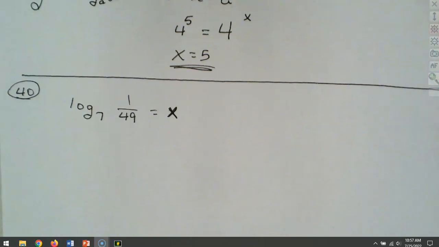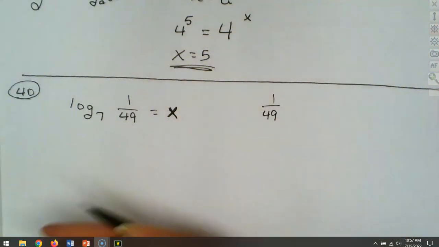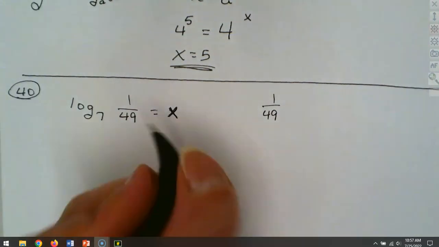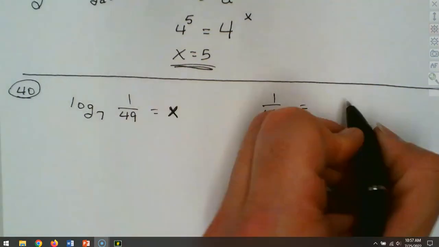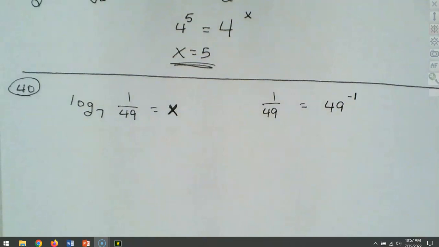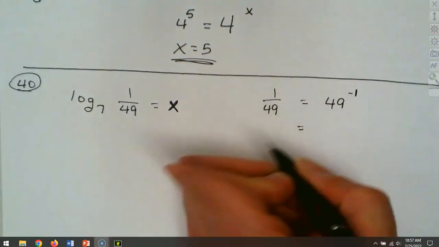Let's see what we can do with that 1 over 49. And there again are different ways of solving. I think I may have solved it a different way in your key when I did the key. But let's look at it this way. 1 over 49, well, that's 49 to the negative first power, right? Because you can flip those over. And what do we know about 49?